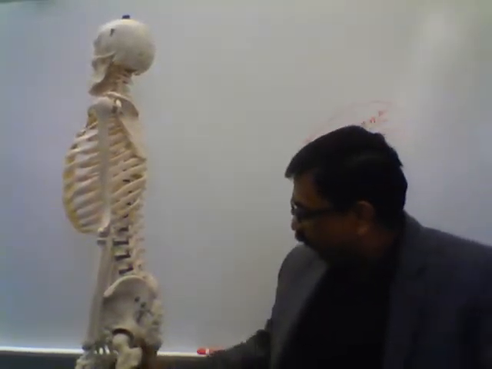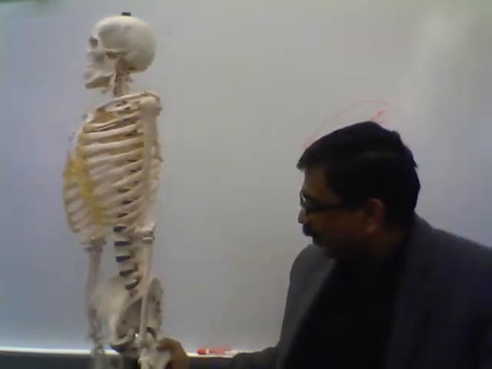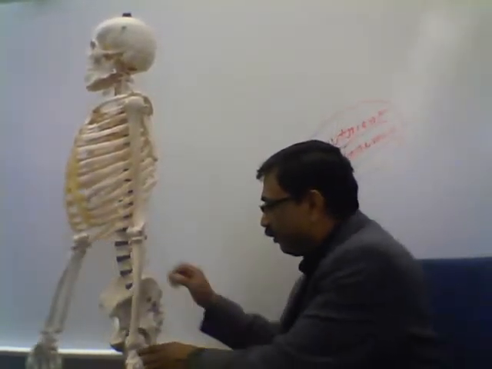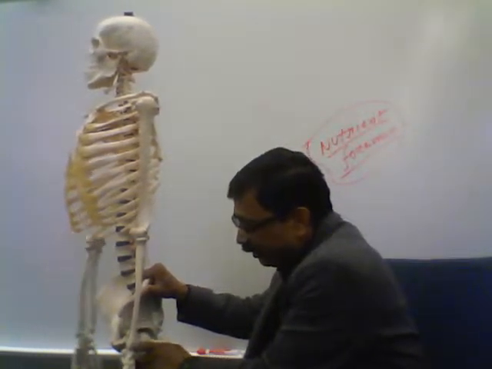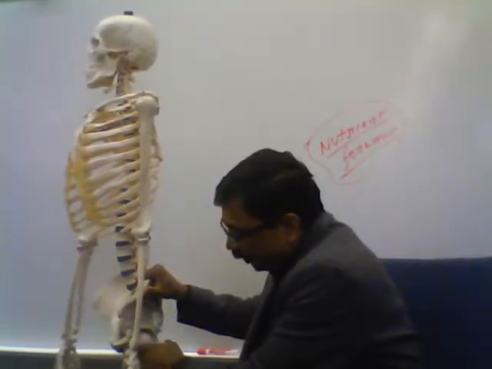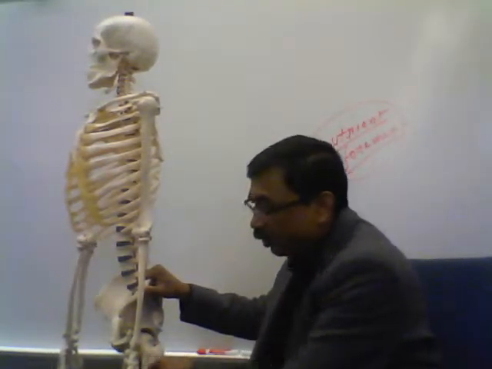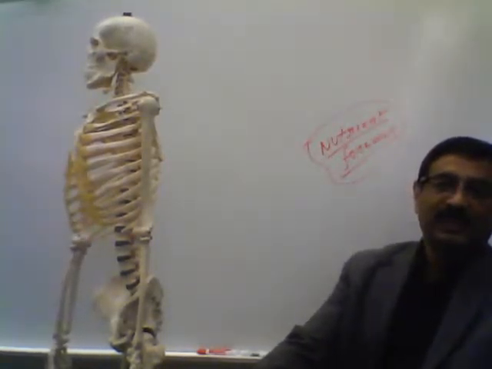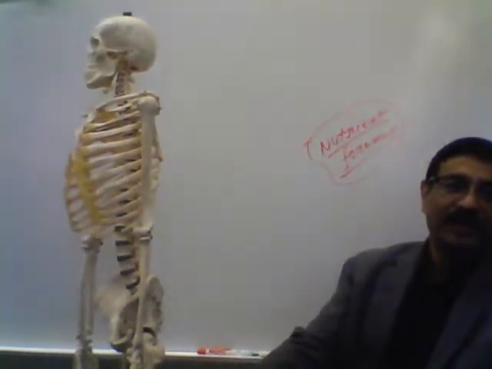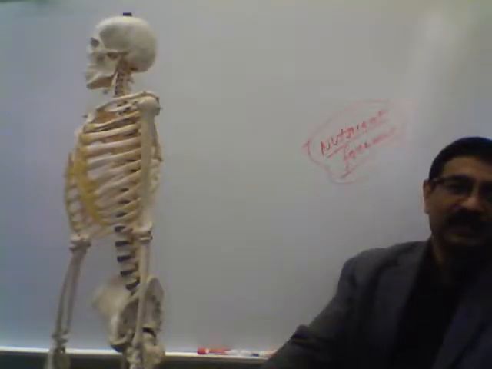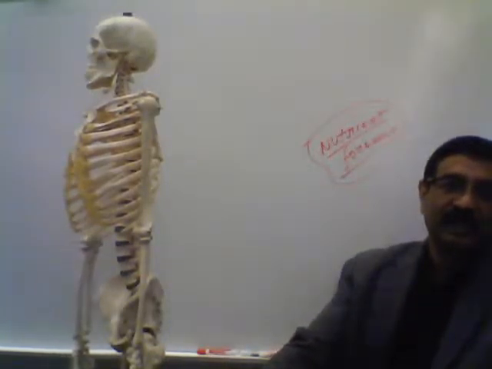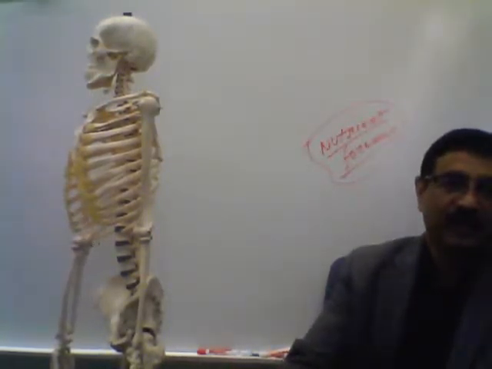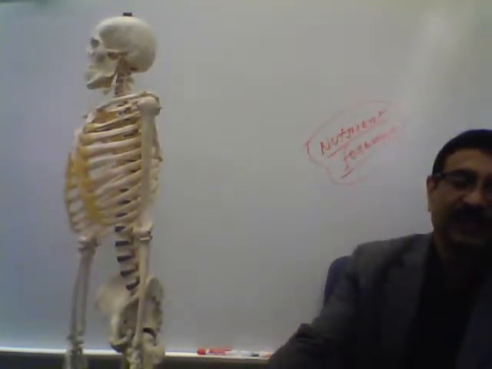In the front of the upper end, you have a rough area that is called tibial tuberosity. So you can actually feel, if you just touch below the kneecap, you can feel that slightly elevated bony structure. That's the tibial tuberosity.